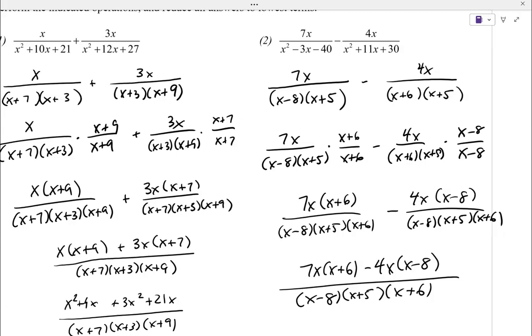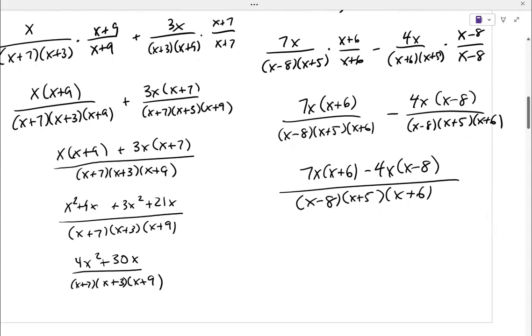Okay. Now we like to simplify this a little bit if we can. Hopefully we can. What do you get when you distribute your 7x through? Plus.